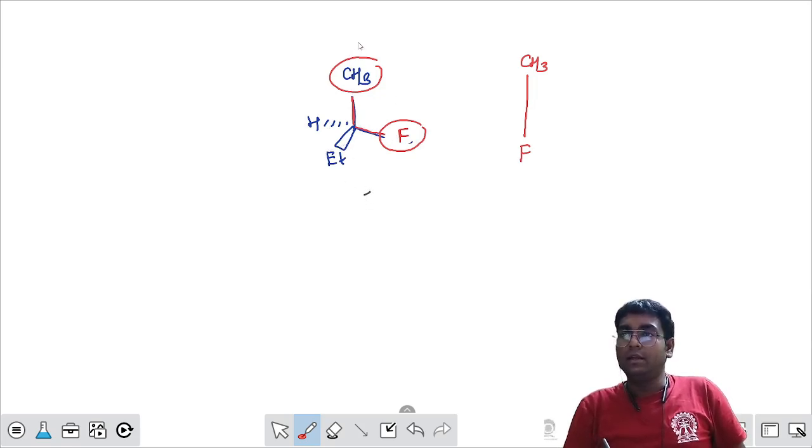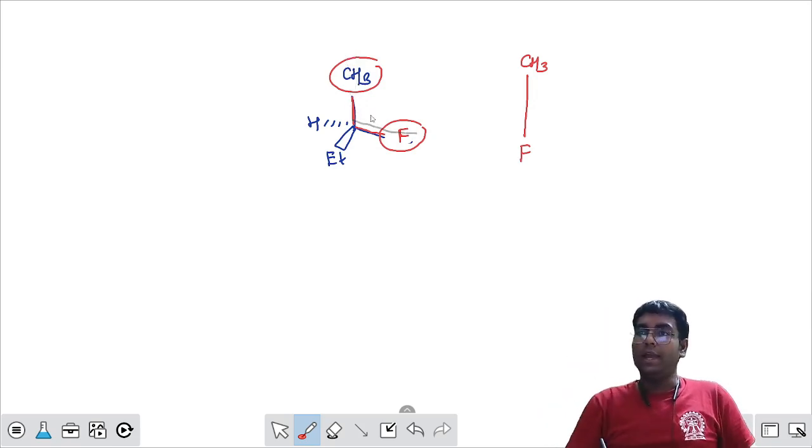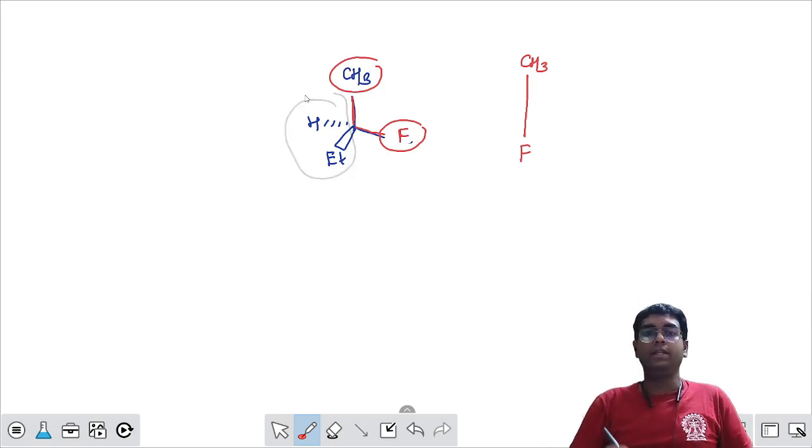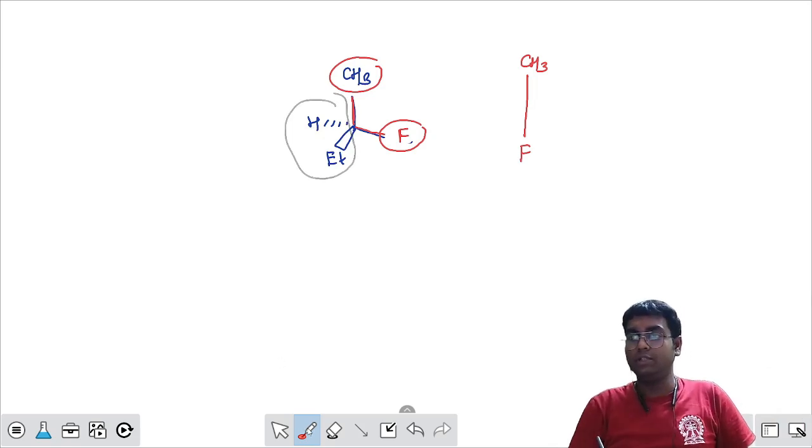Again, let's look at this molecule: this CH3 and this CF are on the plane, and for this on-the-plane moiety, the above the plane and below the plane are residing on the left hand side. Fine, this is the left hand side position.